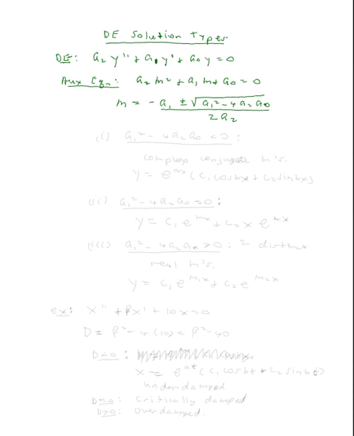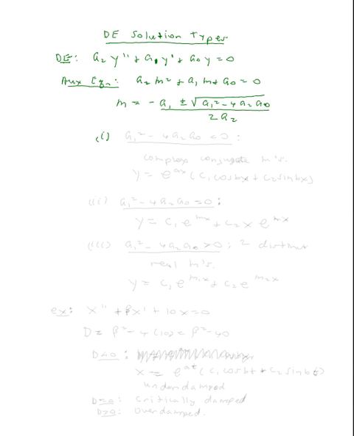The expression under the radical, a1 squared minus 4a2 times a sub 0, is called the discriminant. The types of m's that we get will be determined by the sign of the discriminant. We have three possible outcomes.